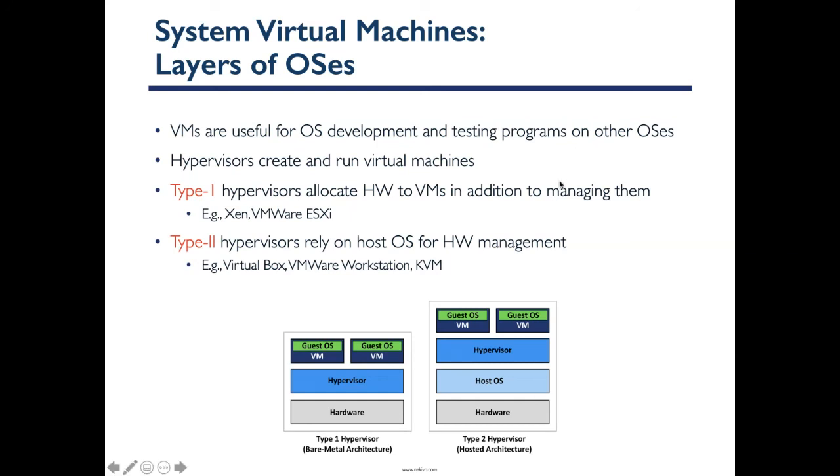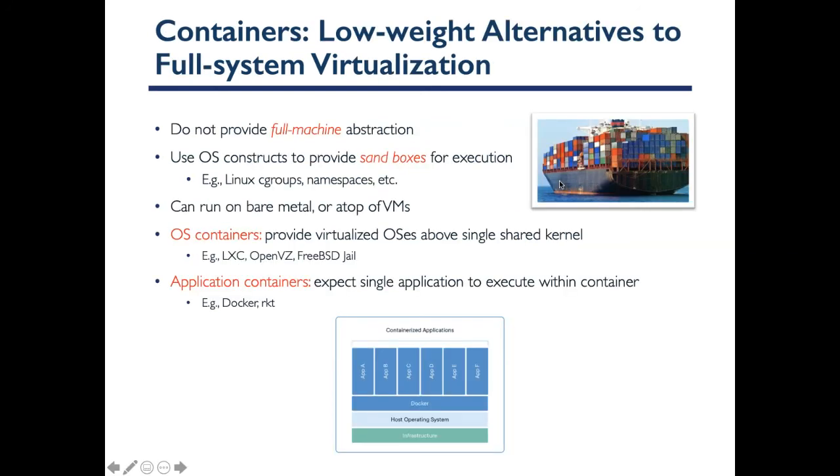Okay. There is a third and newer way of virtualization, a lightweight alternative to full system virtualization. It's called containers. They're a little bit different from full system virtualization. They're not going to provide abstraction to an operating system.